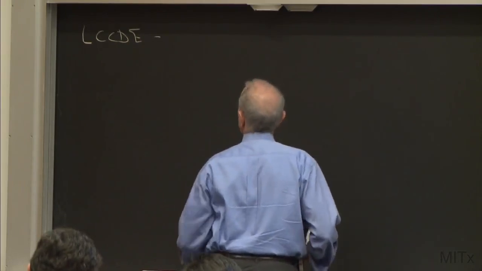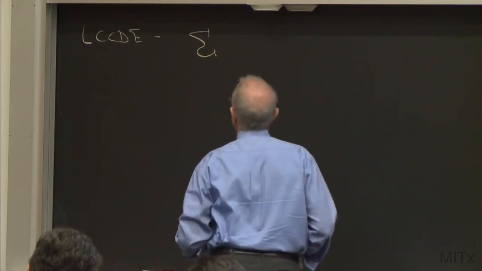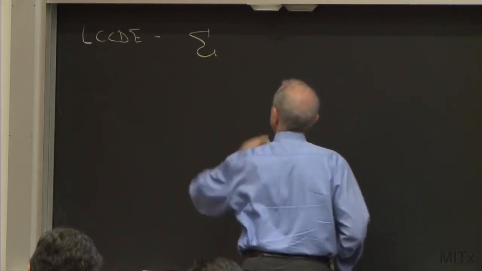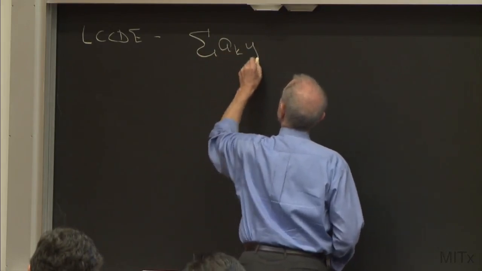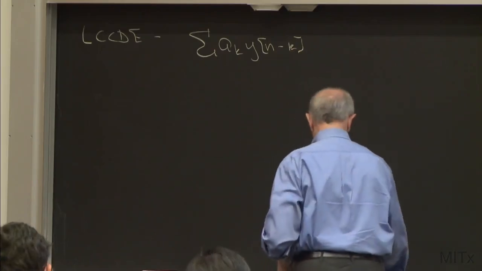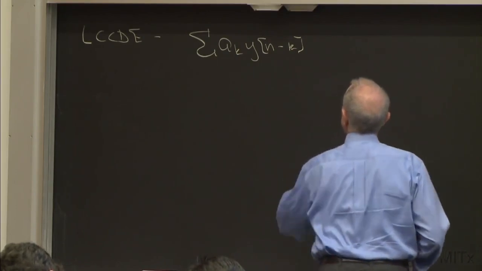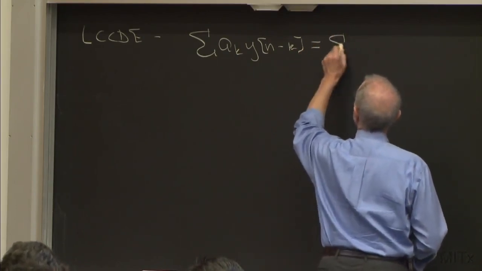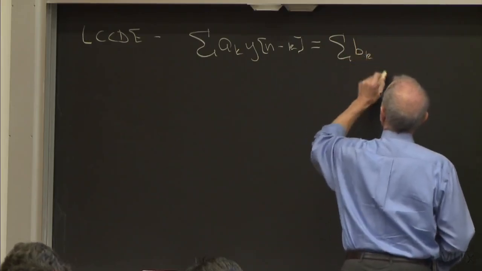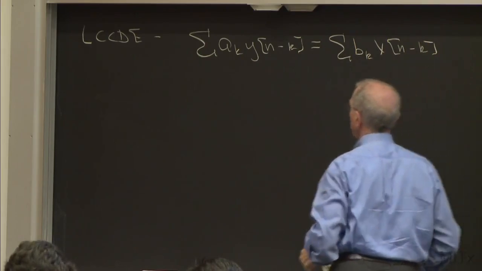Well, the generic form of it is you've got a sum of coefficients multiplying delayed replicas of the output, and that's equal to a linear combination of delayed replicas of the input.